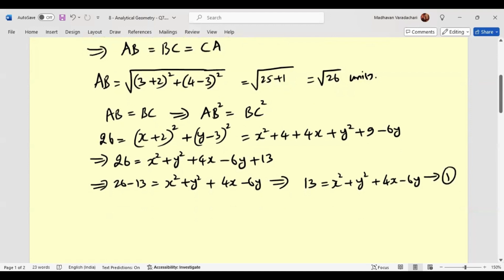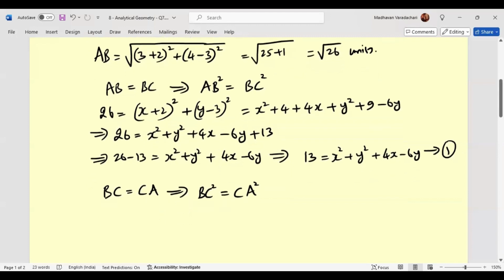Now let us take BC equal to CA. BC is equal to CA means BC square is equal to CA square. Now BC square already we evaluated, we wrote it in the right hand side of the previous one. So let me write that.